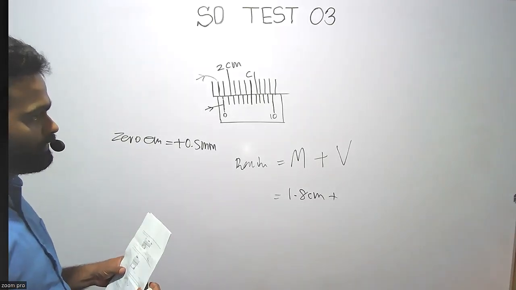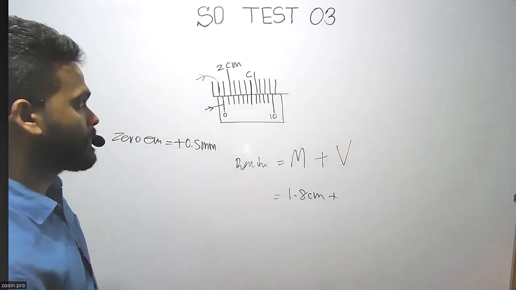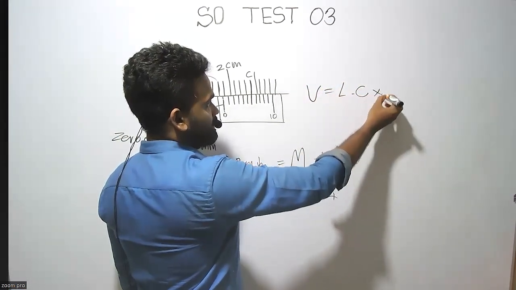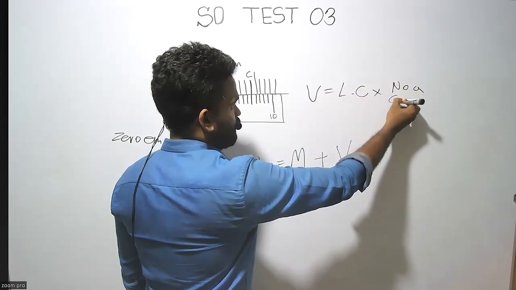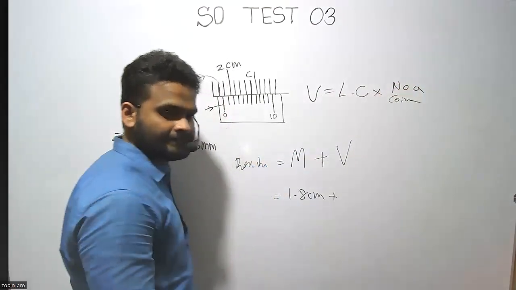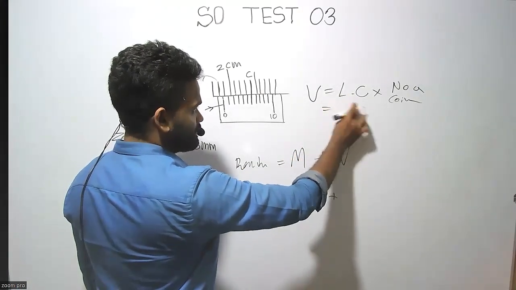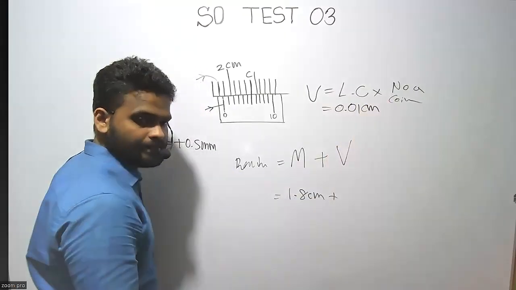Then you need the vernier scale reading. How do you find that? Vernier scale reading is least count times number of coinciding point. Least count, they say 0.1 millimeter. I'll write it in centimeters, so just divide by 10.